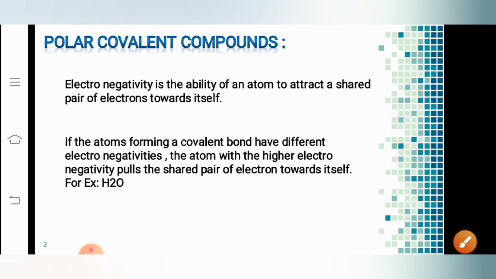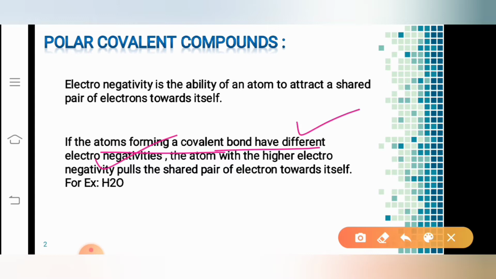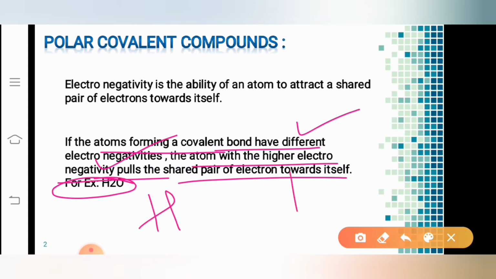I'll give you one more example to understand better. If the atoms forming a covalent bond have different electronegativities, the atom with the higher electronegativity pulls the shared pair of electrons towards itself. So let us understand this by taking the example of a molecule of water. The water molecule contains 2 atoms of hydrogen and 1 atom of oxygen. Correct?